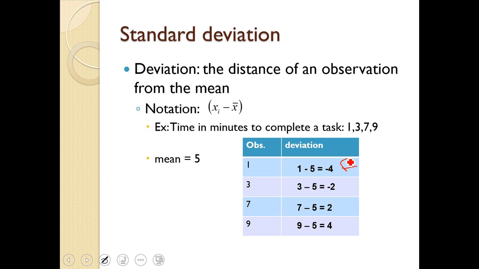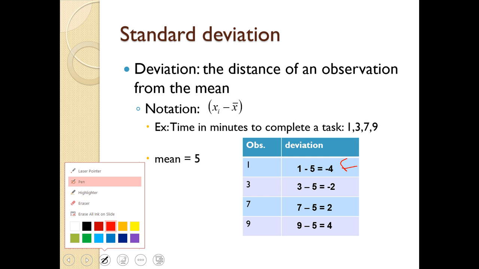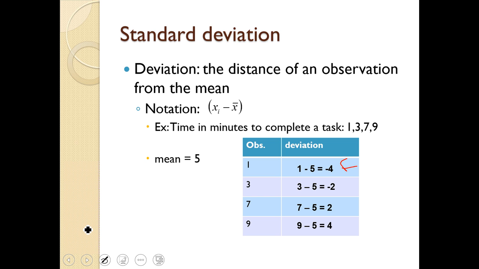If we want to start thinking about standardizing these deviations, what standard deviation really is, is the average distance an observation is from the mean.